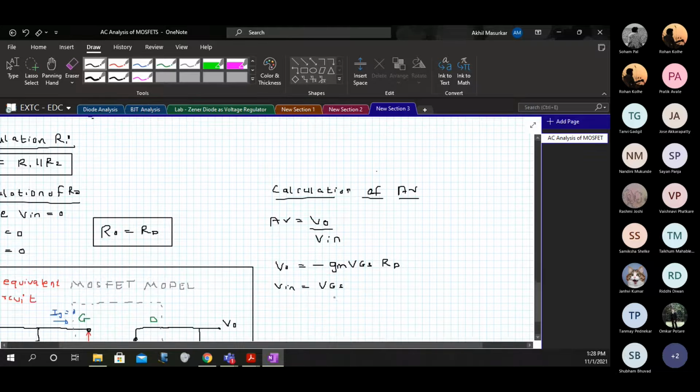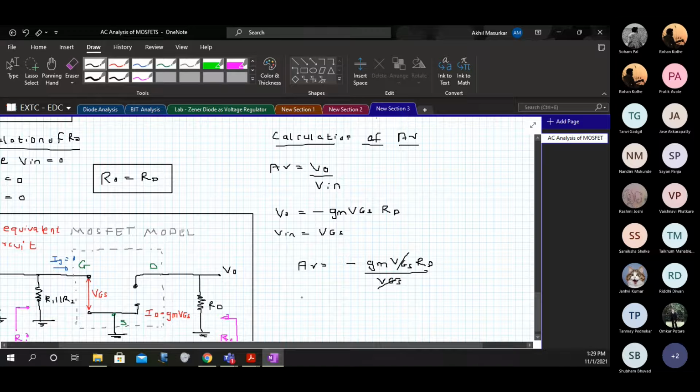So AV is going to be equal to minus GM VGS RD on VGS. This cancels out, and what you get here is AV is equal to minus GM times RD.